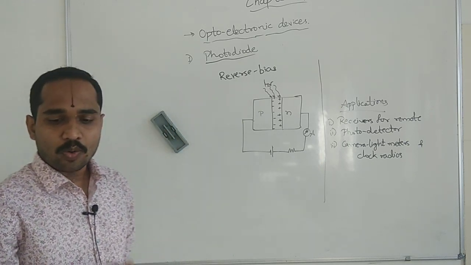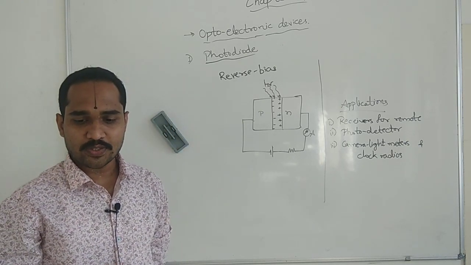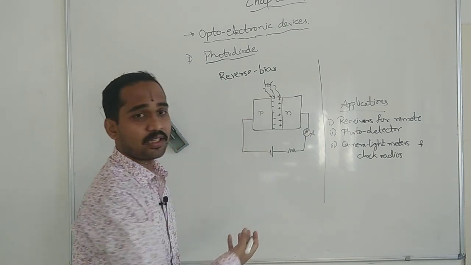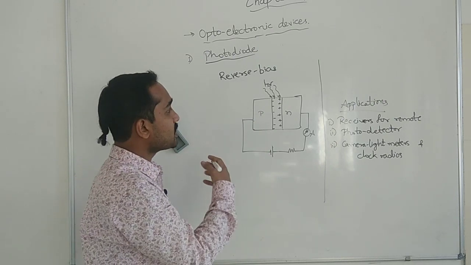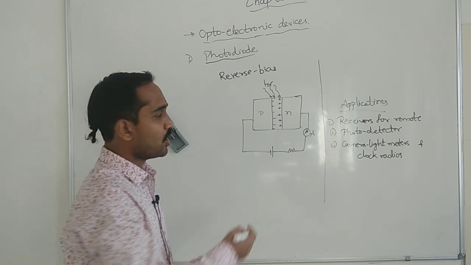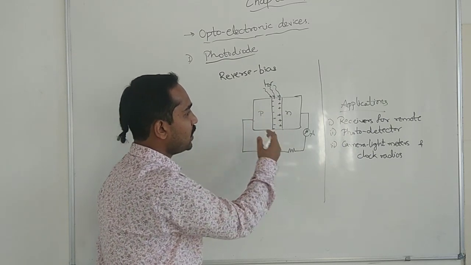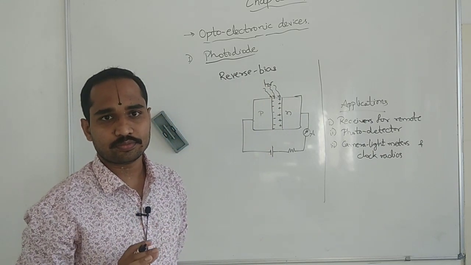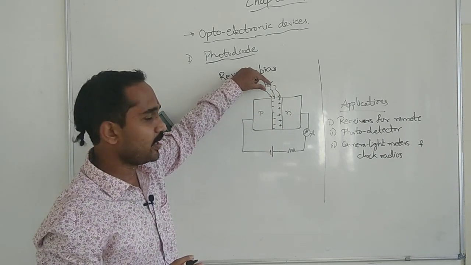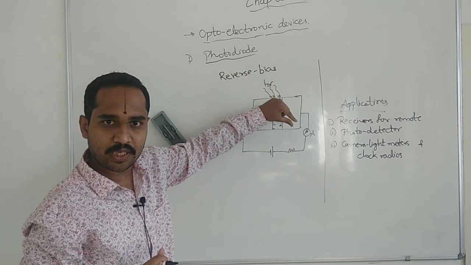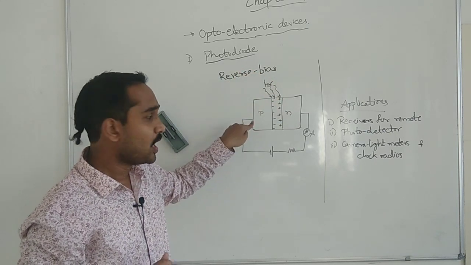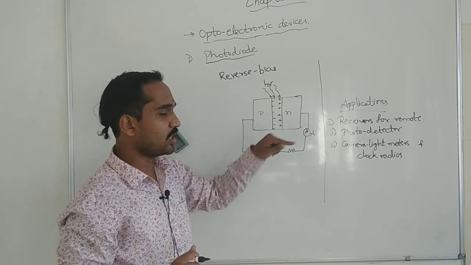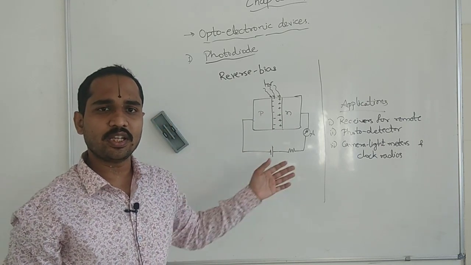So, what is a photodiode? It is a reverse bias PN junction which will generate current on incidence of photon. When the photon of energy h nu is incident on the PN junction diode under reverse bias condition, it will generate the flow of charge carriers.